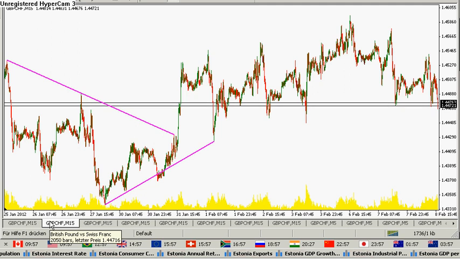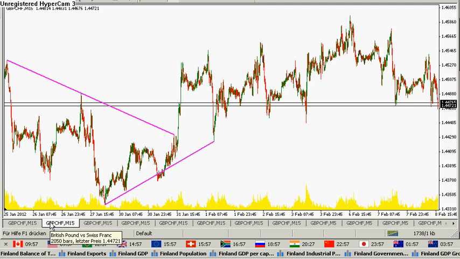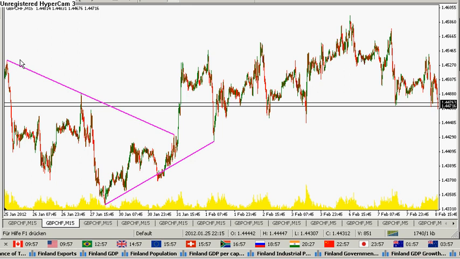The main point which I saw is this one. At the end of January, start of February, we see here this downside trend.